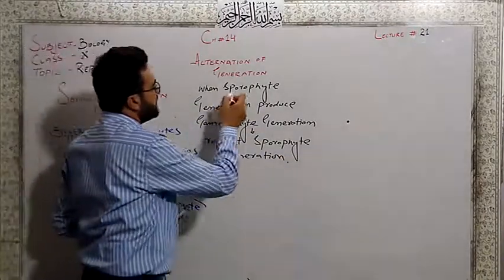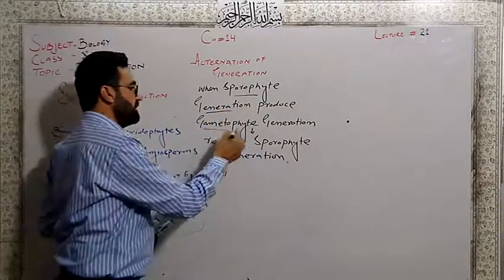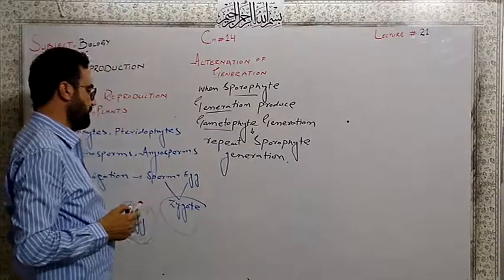The sporophyte generation is a generation which produces spores, and the gametophyte generation is a generation which produces gametes.